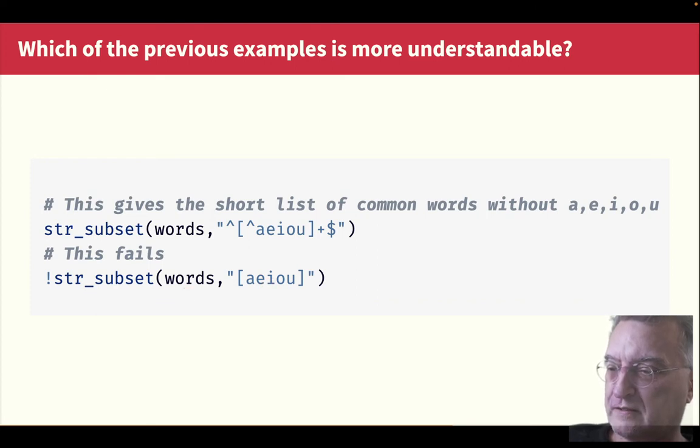Why is that? So this is the subset of words that contain A, E, I, O, U, and we negate that, and what have we got left over? Actually, that's an interesting question. You should run that and find out.